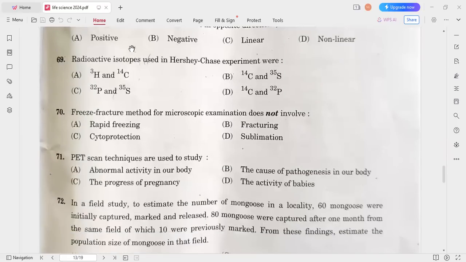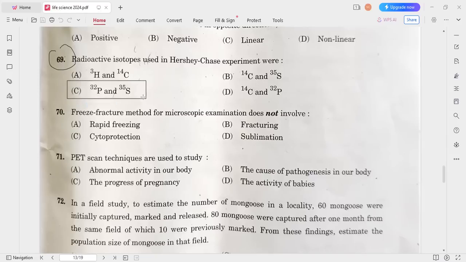Question number 69. Radioactive isotopes used in Hershey-Chase experiments were... radioactive isotopes of these elements made it easier to trace them during the course of the experiment. In the Hershey and Chase experiments, two radioactive isotopes are used, that is phosphorus 32 and sulfur 35.